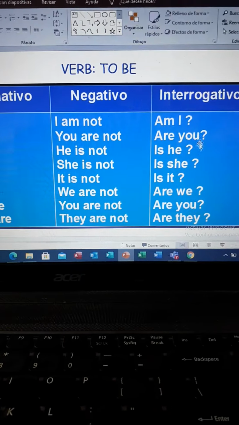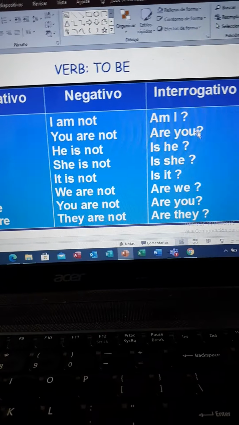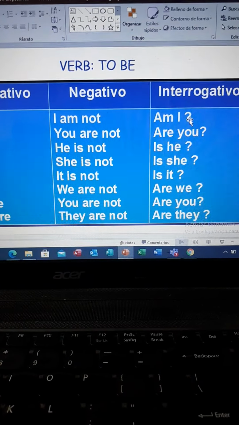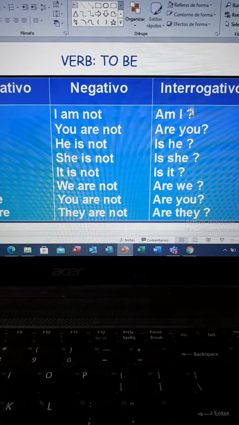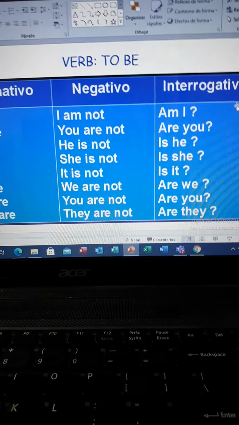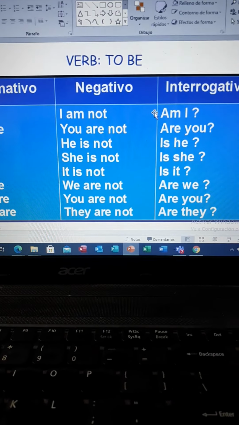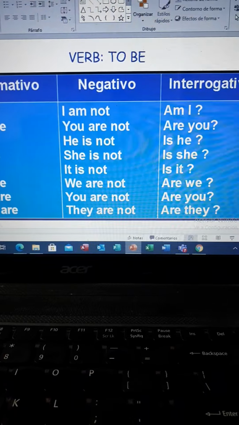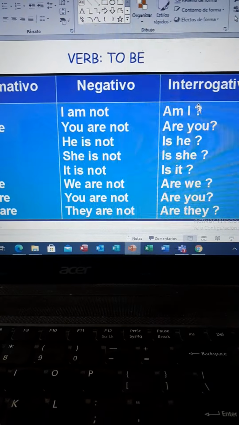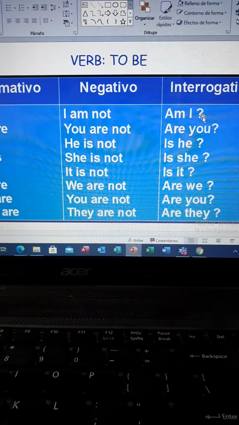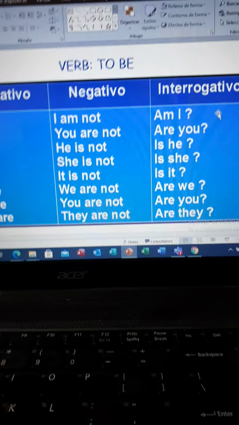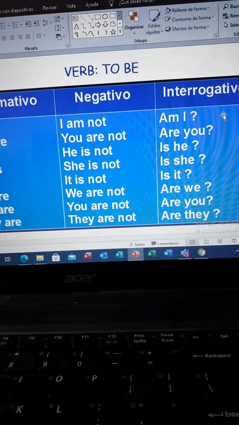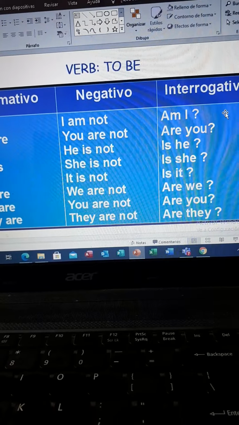And then if you are going to make a question, okay, if you have an interrogative form, the interrogative form, it goes at the end. It's not the same as in Spanish that we have at the beginning and at the end, okay? In English, we only use it at the end, okay? And for a question, always for any kind of question, we're going to use an auxiliary, okay?